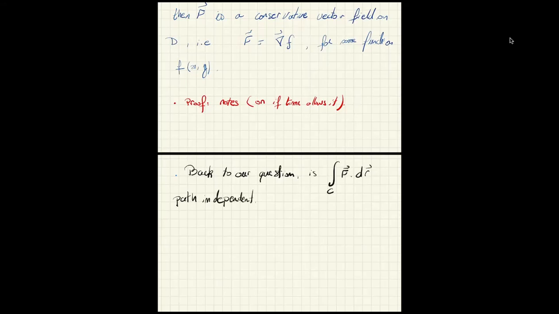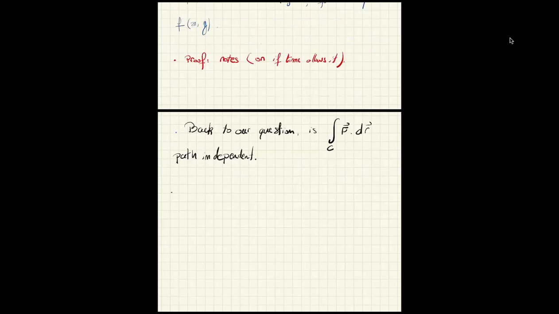Suppose that F is known to be conservative.